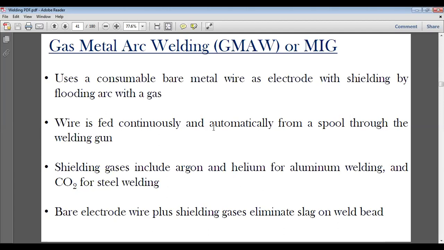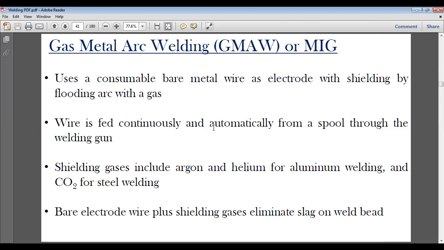So that's why it's called metal inert gas welding, where we use an electrode of consumable type of metal, and the gas used is inert gas that is used to protect the environment. Generally it is argon and helium, and sometimes it is CO2 for steel welding.